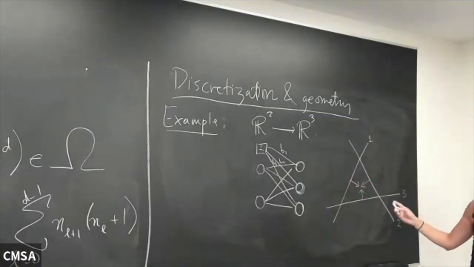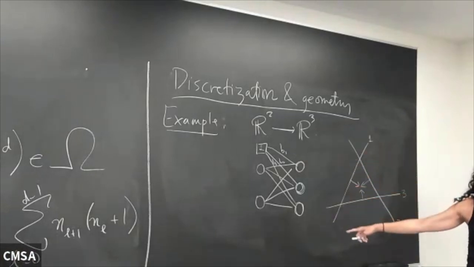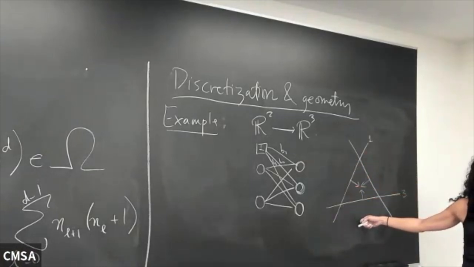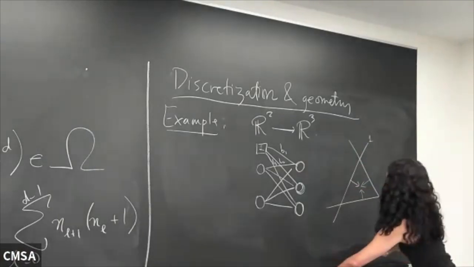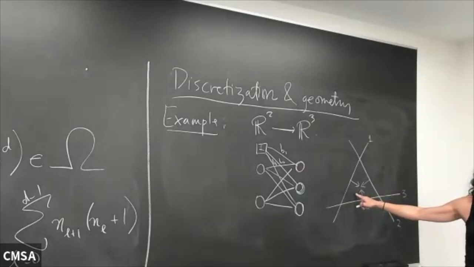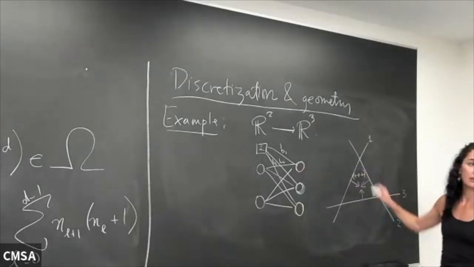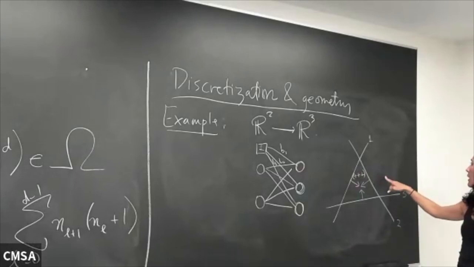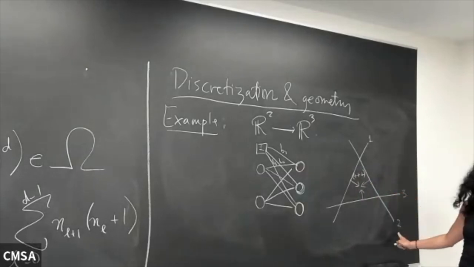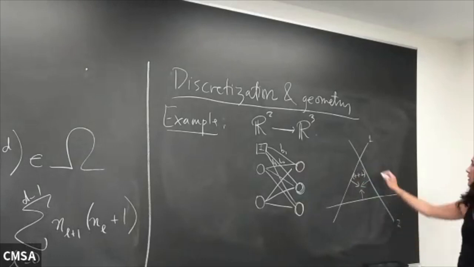So from this, very naturally, you have a coding of the regions of this hyperplane arrangement by binary tuples. So in here, all the neurons are on. So I'll record that as plus, plus, plus. Here, to go from here to here, you turn the second neuron off.